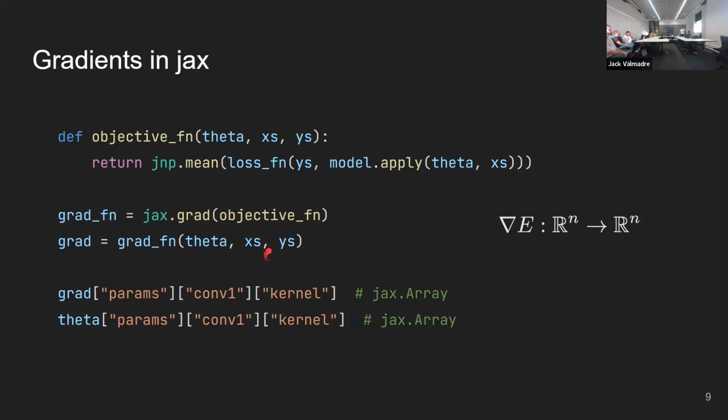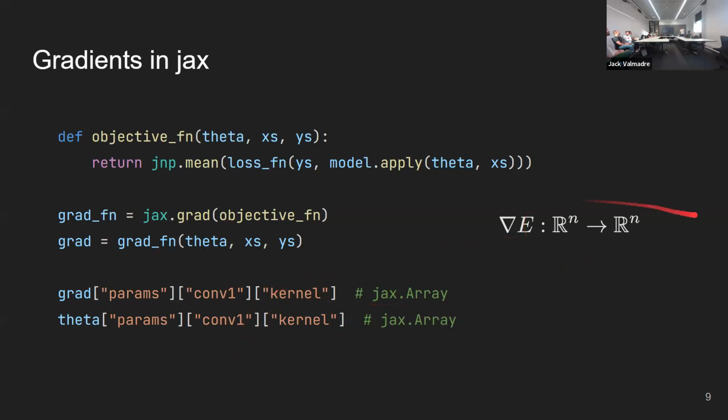So the x's and y's here, we don't get the gradients with respect to those, just with respect to theta. And then to compute the gradient, we call the grad function. Grad equals grad function, and it's the gradient at theta with x and y as extra inputs. And then we have a grad dictionary, which resembles our theta dictionary. It has the exact same structure, with an array that gives you the gradient for each of those parameters.